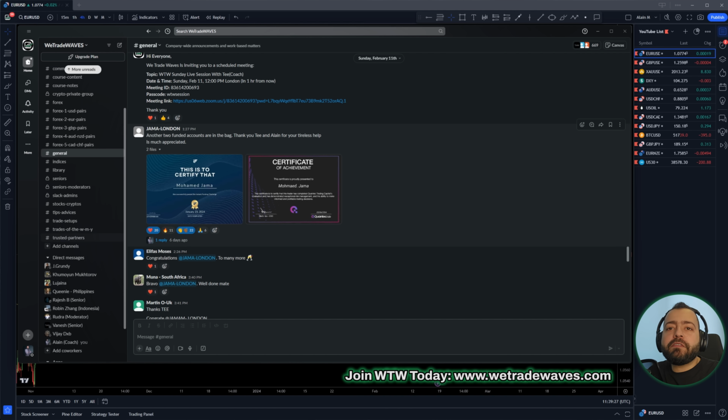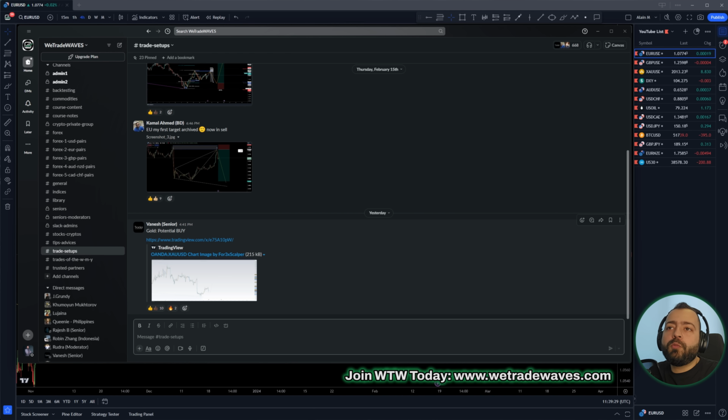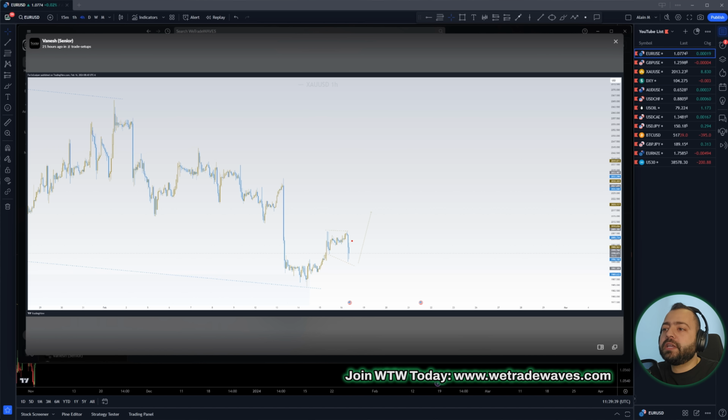And at the same time, if I go to the trade setups, just to show you more proof, guys, and more structures, what our members are sharing, what our seniors are sharing, along with the daily session that they are doing. Look at this one. This was actually the gold setup. Once I go to gold, you will see the chart actually moved exactly as expected here to the upside. So a lot of our members were taking the buy in gold to the upside after this drop.